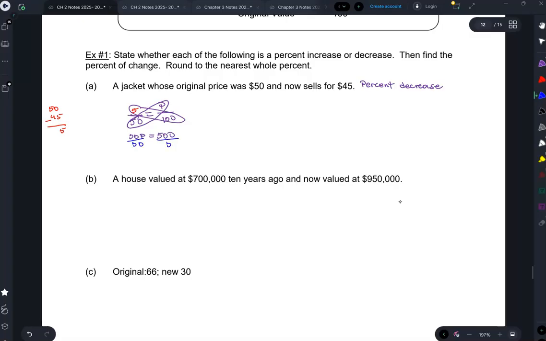So P equals 10. Okay, P equals 10. And so this is the percentage. P is 10. So here I'm going to say percent decrease is 10%. Okay? All right.